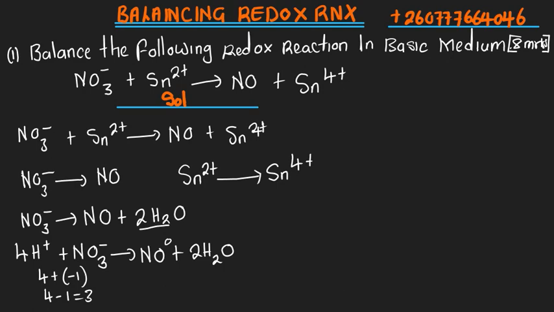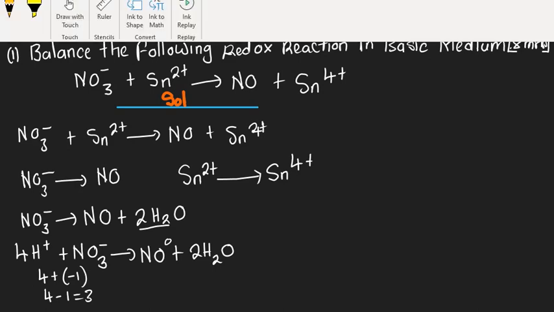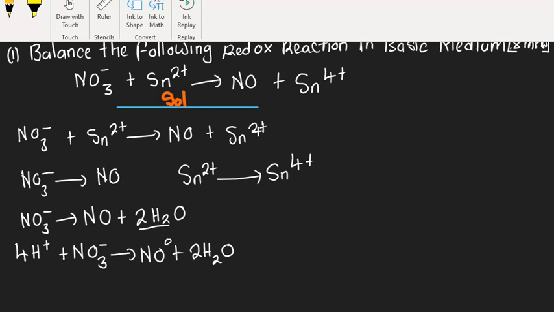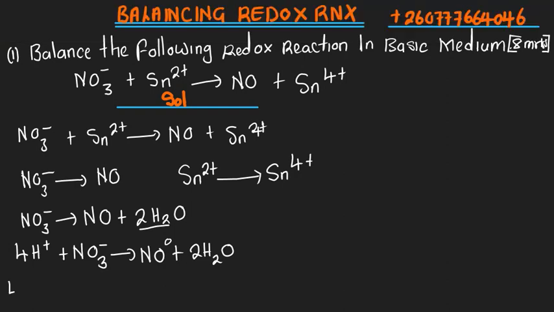This implies that we need to add 3 electrons in order for this equation to be balanced on our left hand side. So this is going to be 4 H plus, 3 negatively charged electrons plus this nitrate, and that is going to produce nitrogen monoxide plus 2 H2O.